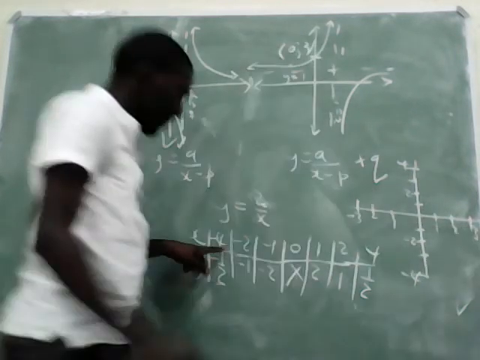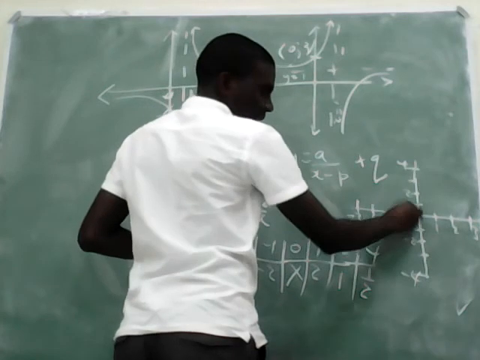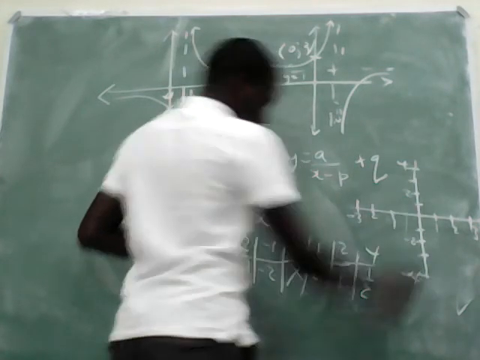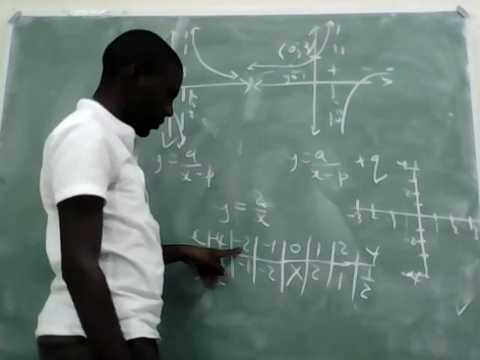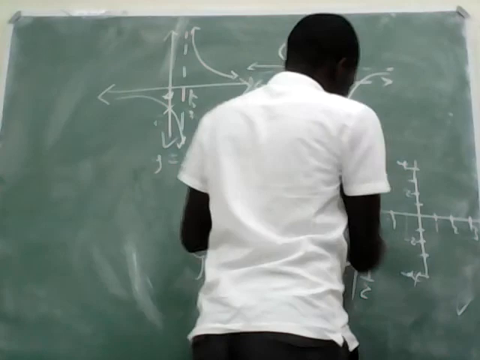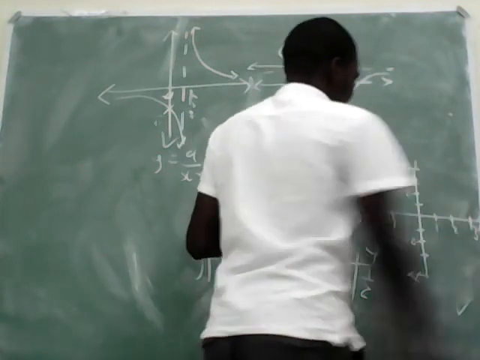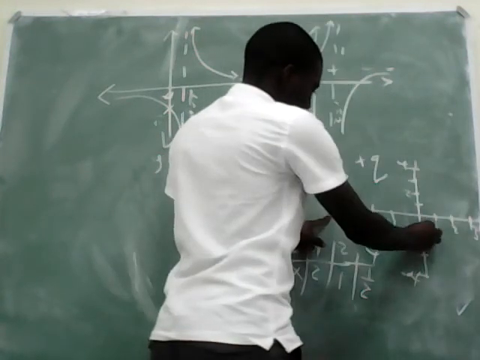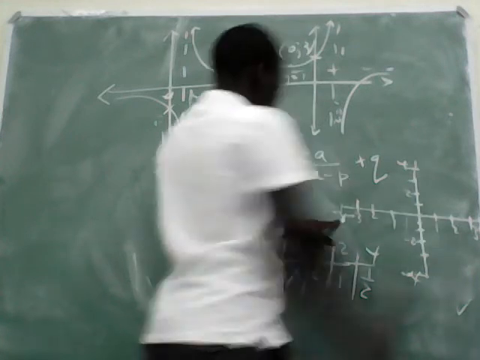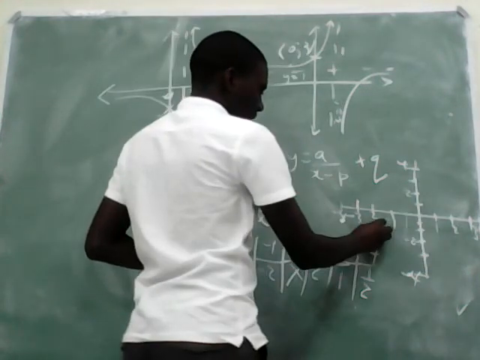Let's see. -4 pairs with negative half. -4 is here, and 4 is here, sorry about that. -2 pairs with -1.